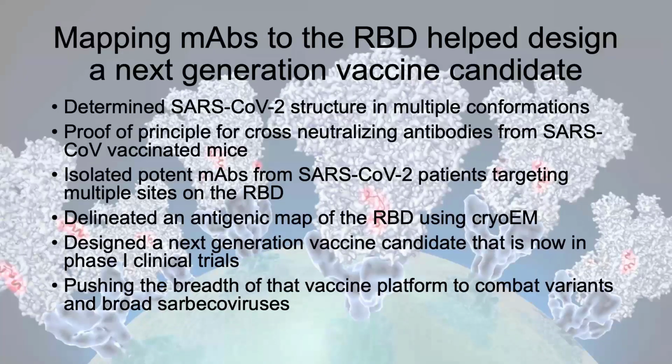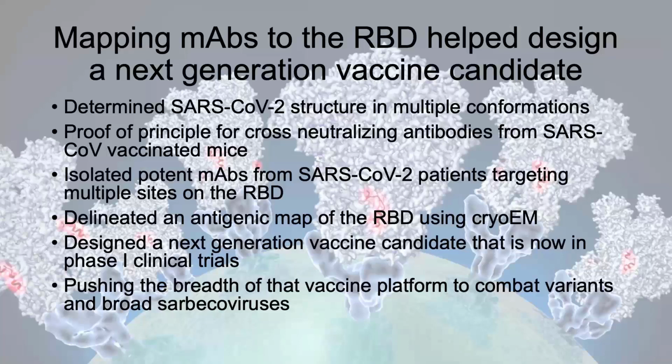And so just to briefly summarize what I've talked to you about today, over the past year we've mapped monoclonal antibodies using cryo-electron microscopy and X-ray crystallography to the receptor binding domain, the region where 90% of neutralizing activity against SARS coronavirus 2 is. And we've used this to propel monoclonal antibodies into the clinic and also a vaccine candidate into the clinic.